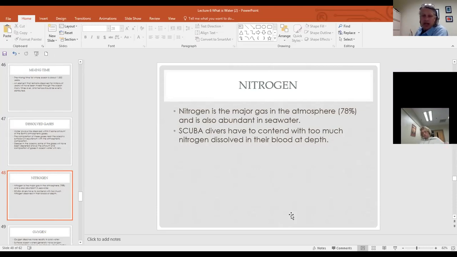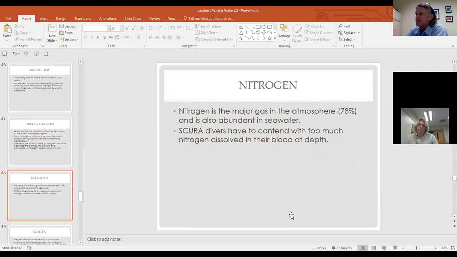Dentists use nitrogen in laughing gas. So basically, when you get deep enough in the ocean and the concentration of nitrogen in your blood becomes slightly toxic, it can have a similar effect as laughing gas would.